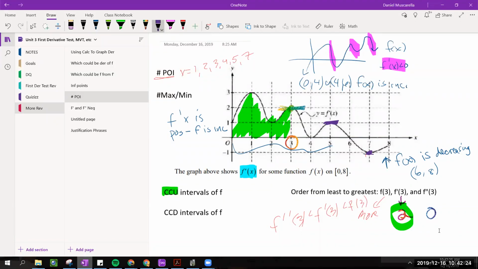We know the second derivative here is 0, but we know that the f prime of 7 value is -1. And so our first derivative would be less than our second derivative value at x equals 7.